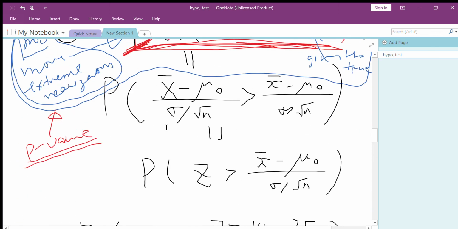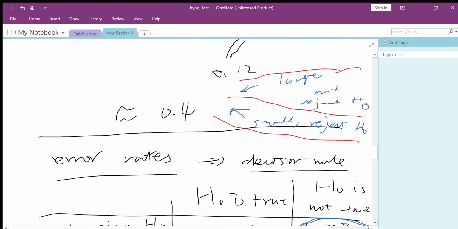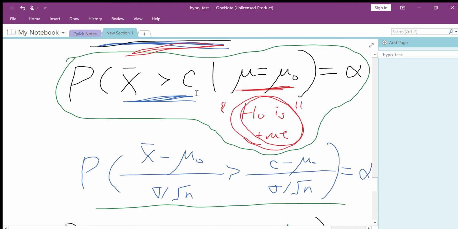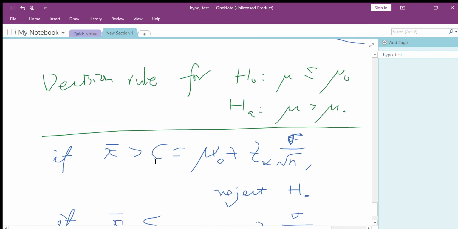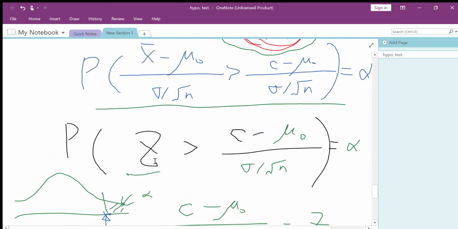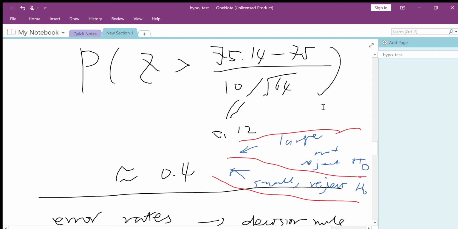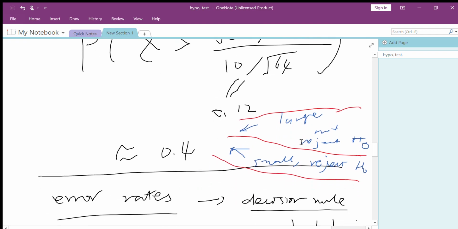In our original four steps, we plug in the realization small x bar here, and since we would like to propose a decision rule, we use c. If c is greater than x bar, then x bar is not that large, so we should not reject H null, because if x bar is not that large, then this probability is large.